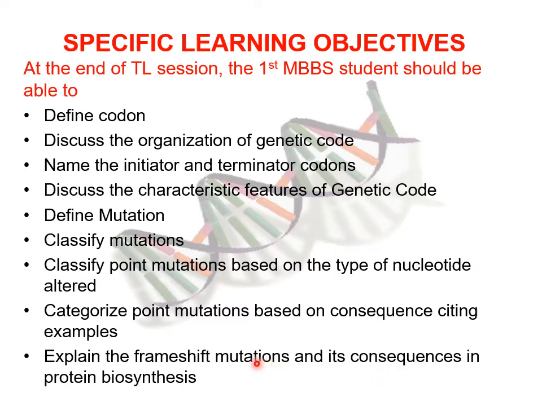As I said, I shall be doing this in two sessions. In the first session, let us study the genetic code. It is the first four specific learning objectives concerned with the genetic code that I shall be explaining in this particular session.